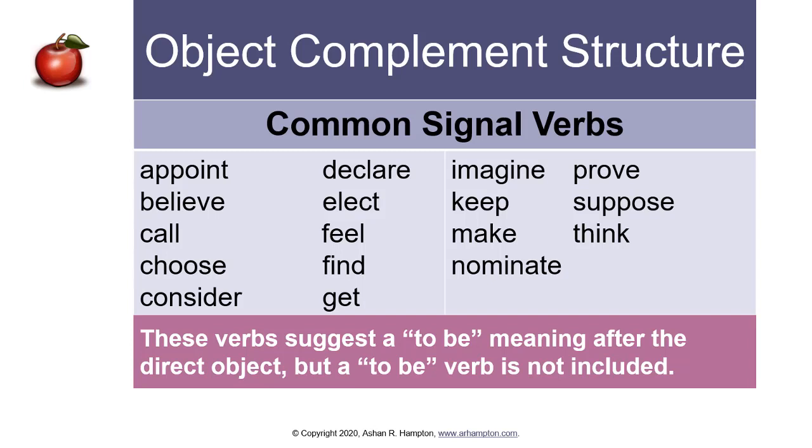And here are some of these verbs: appoint, believe, call, choose, consider, declare, elect, feel, find, get, imagine, keep, make, nominate, prove, suppose, think. These verbs suggest a to be meaning after the direct object, but a to be verb is not included in the sentence. And let's take a look at an example of that in the next slide.